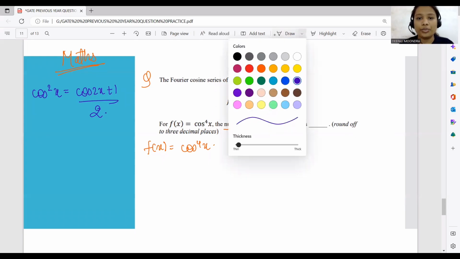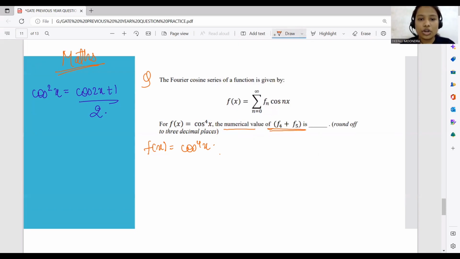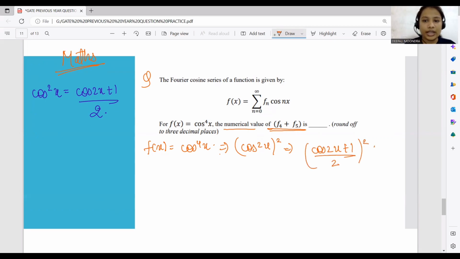Okay, let's see how. So cos⁴x can be written as (cos²x) whole squared, right? Now cos²x can be written as (cos 2x + 1)/2 whole squared, right? Now let's square this whole. We'll get 1/4 of (cos²2x + 1 + 2 cos 2x), right?